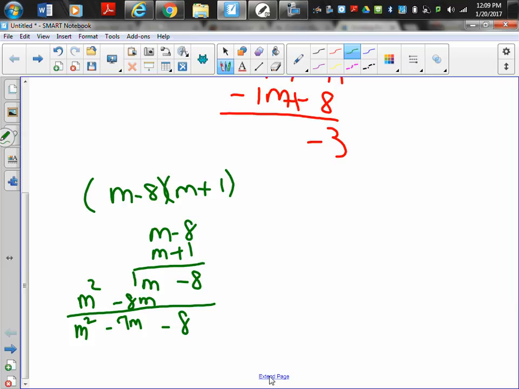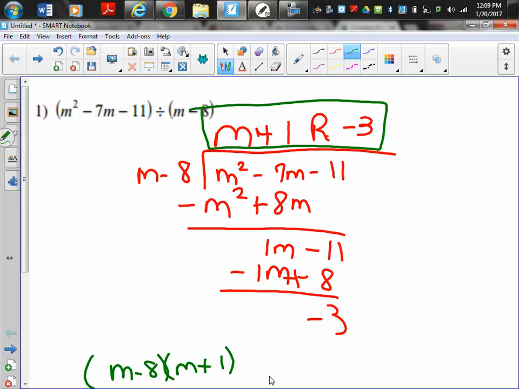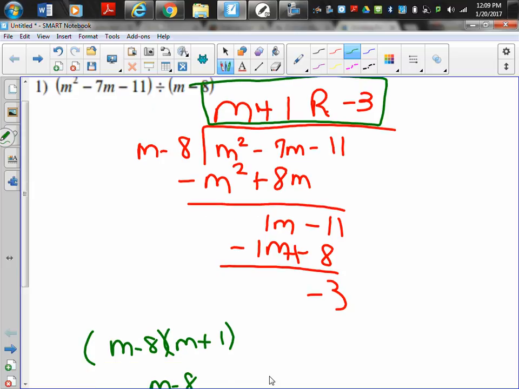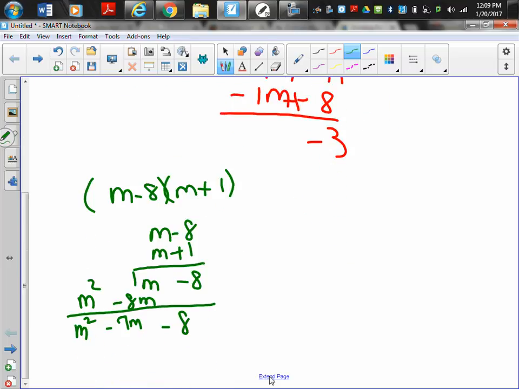So what did I do with my remainder? You add it back in. So you multiply, and then you add whatever your remainder was. The remainder was negative 3.